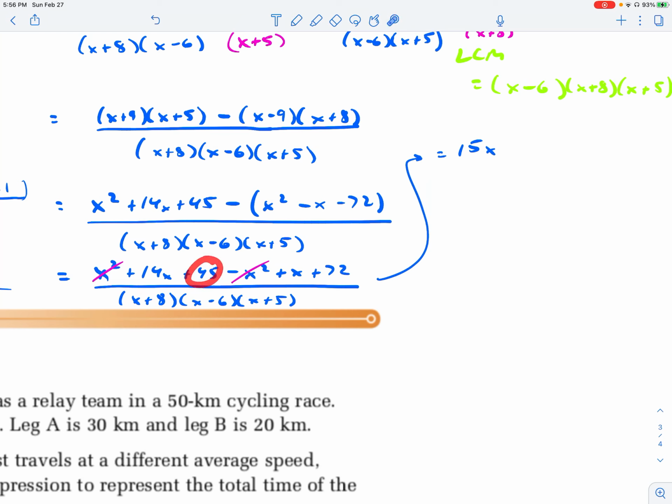And then 45 plus 72, it's going to be 117. So we'll write that right here, plus 117. And all that is over those factors still: x plus 8, x minus 6, x plus 5.